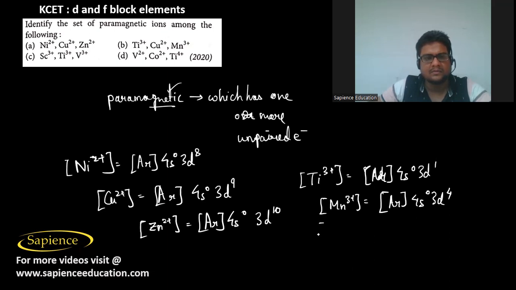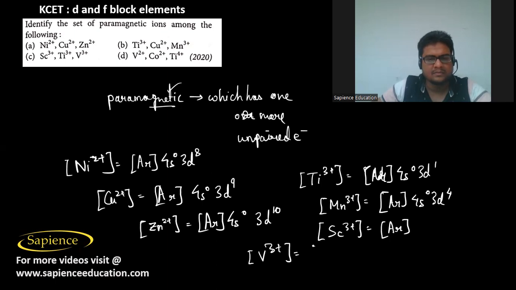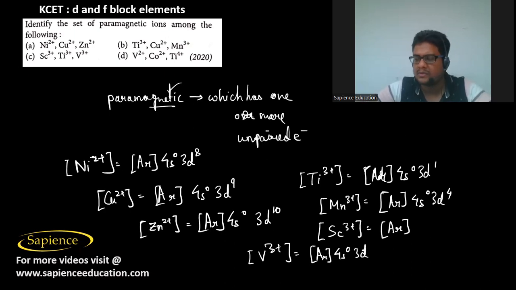Then the configuration of Sc3+ will be the same as argon only. And the electronic configuration for V3+ will be argon 4s0 3d2.